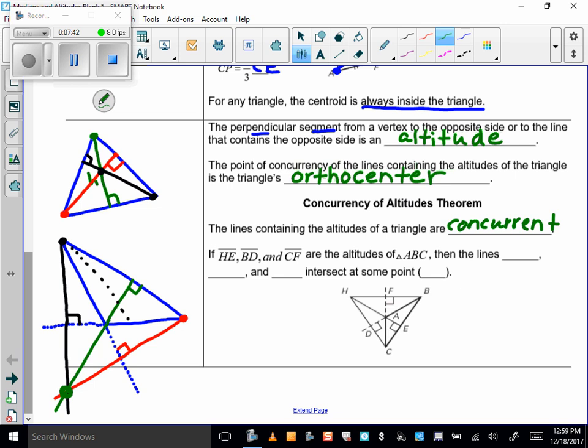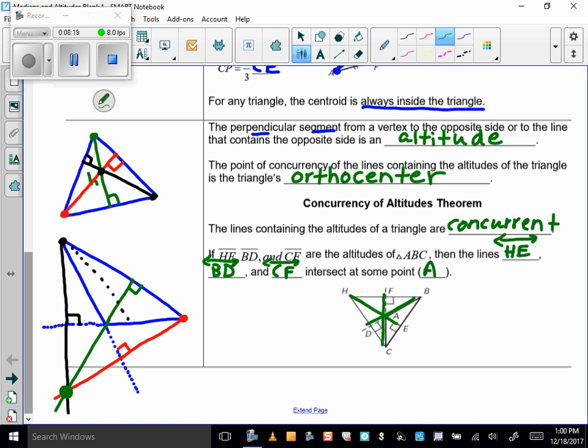If HE, BD, and CF are the altitudes of triangle ABC, then the lines HE, BD, and CF intersect at some point.